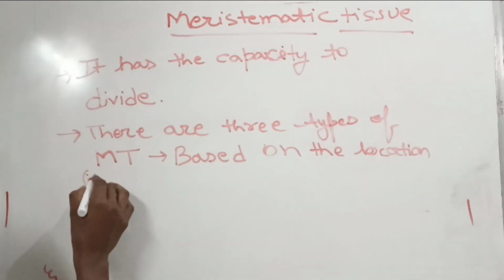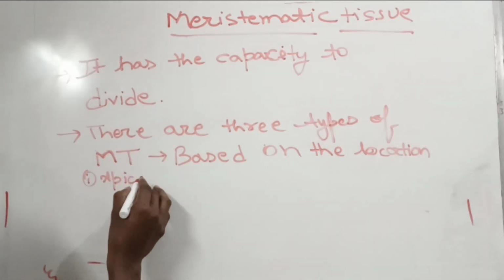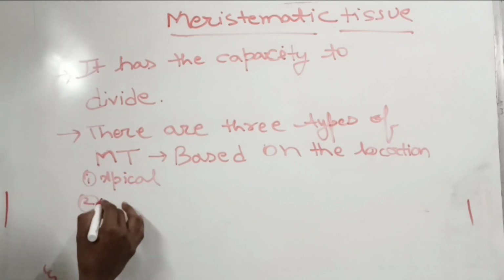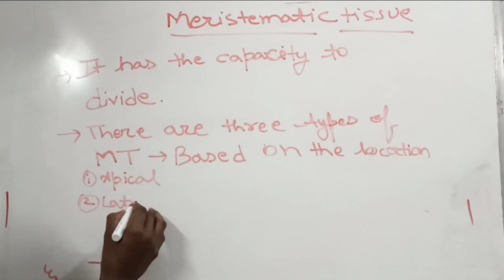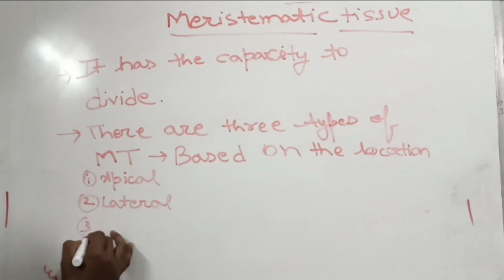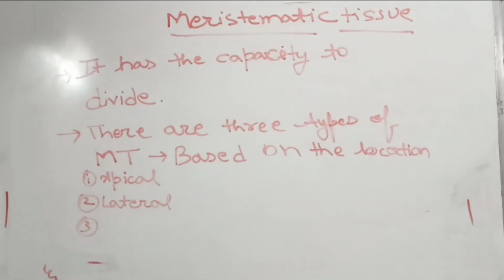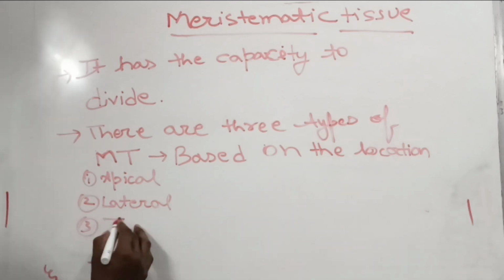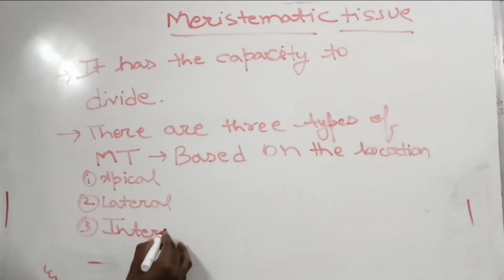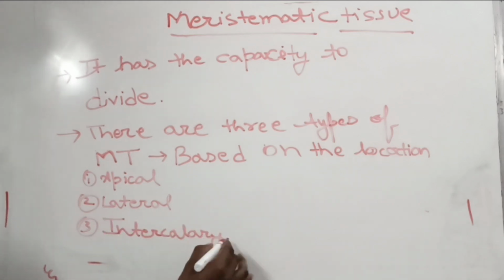First is apical, second is lateral, and third is intercalary. So these are the three types of meristematic tissue.